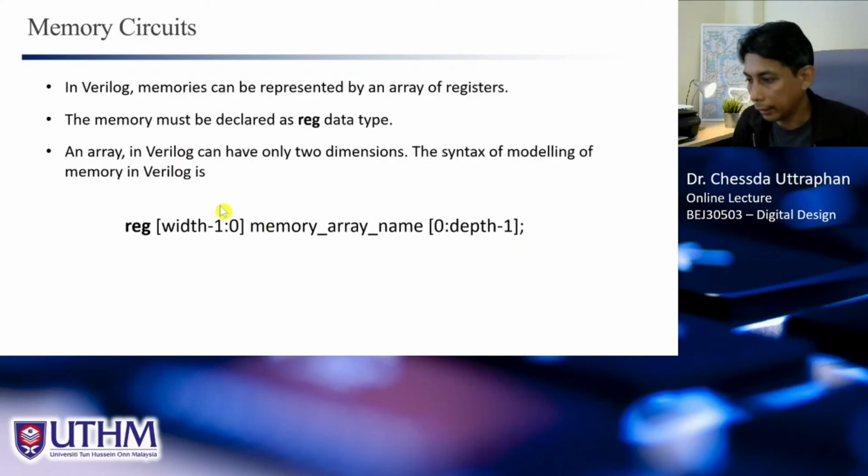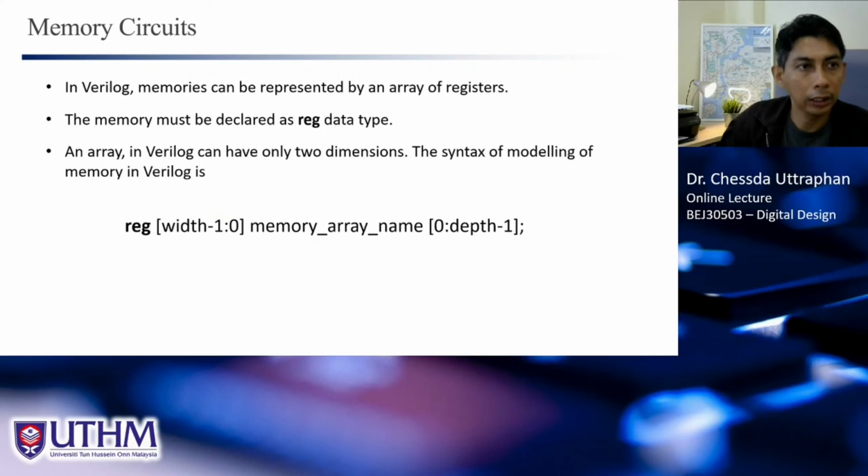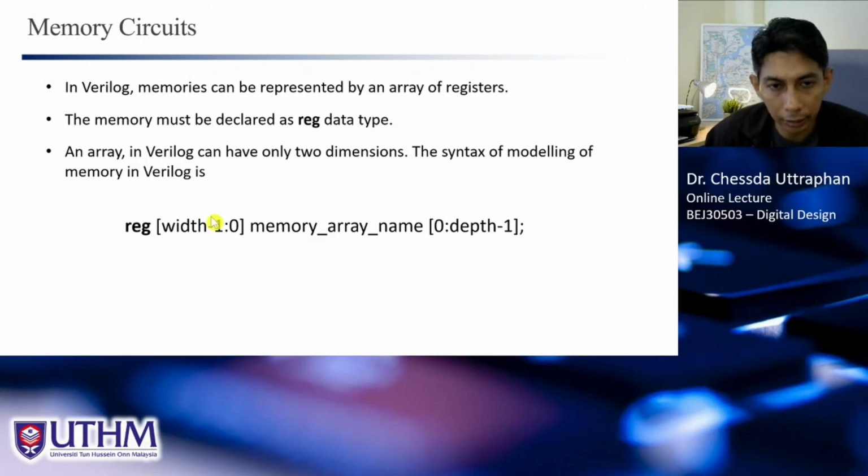All right, and I think this is the last one for today, which is the memory circuit. The memory is very important also in digital systems, where we use the memory to store a lot of data. Before this, we learned the register. We use a register to store data. For example, for 8-bit data, we use one register to store.